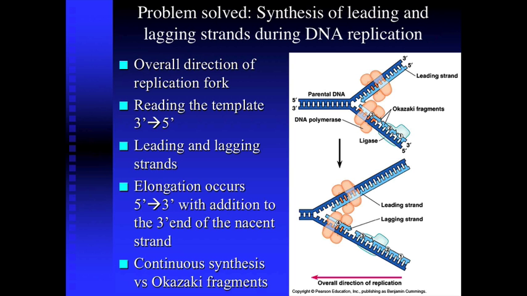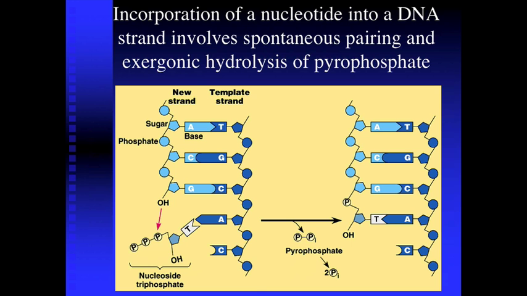If I've just said we read 3' to 5', then replication is going to be 5' to 3', right? If we go back here for a second, recognize that the new nucleotide is being added to the 3' end, isn't it? Everybody's good there? The new nucleotide is being added to the 3' end of the one that's already bound.